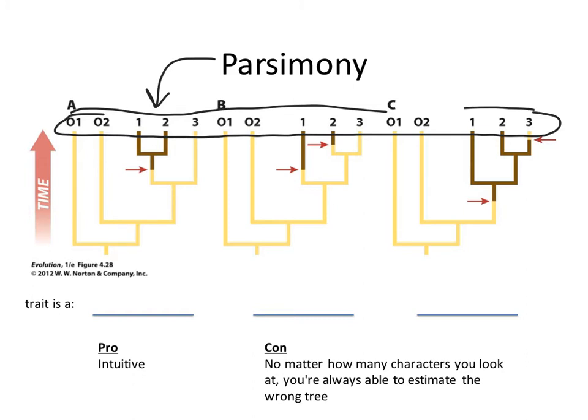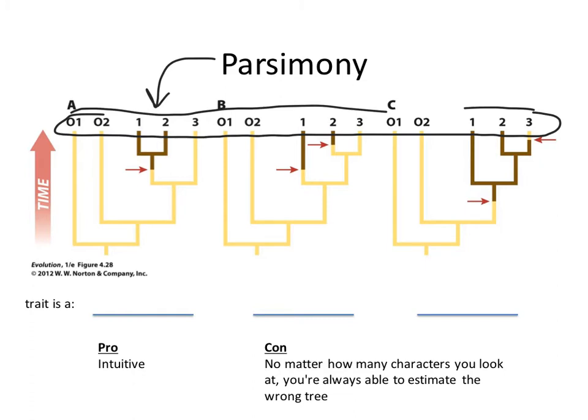Which of those 3 trees is the correct tree? Well, first of all, there is no correct tree because they're just hypotheses. But how many different trees can you draw to explain the relationships between those 3 species? These are just a few examples, 3.